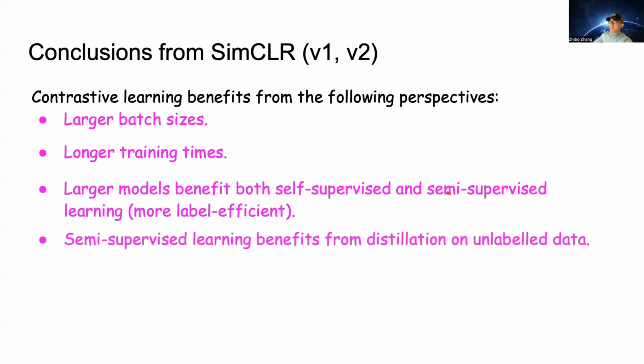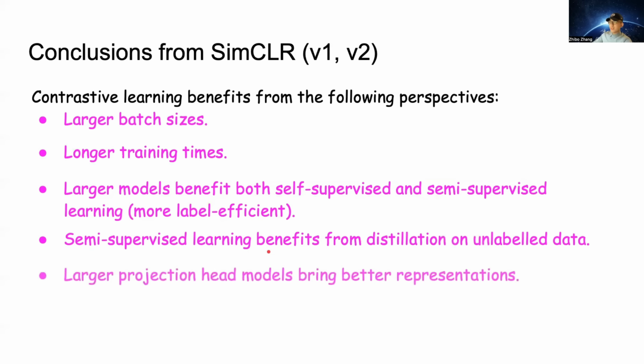And the next point is that distillation, as we saw just now, greatly benefits the semi-supervised setting. The last point, of course, is that larger projection head models actually bring better representations. Again, you should have more computation.